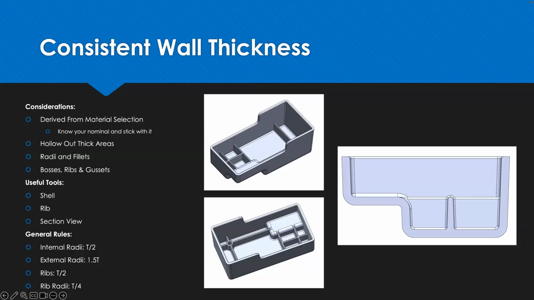So whether you're doing ABS or polyethylene, you might go a little thicker or thinner on the wall thickness. But once you've established that, that's where you want to stay consistent. You can see here on this cross section, and I'll pull up the actual model in a minute too when we're talking about a few things.